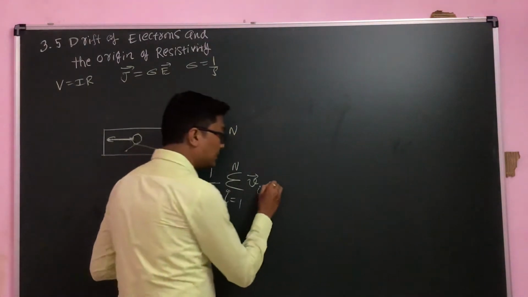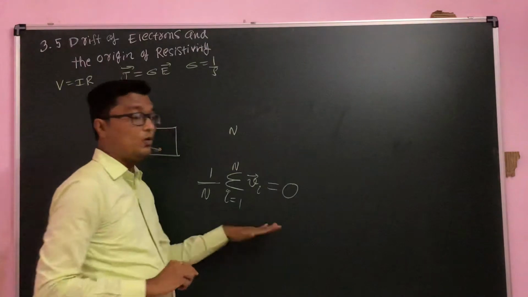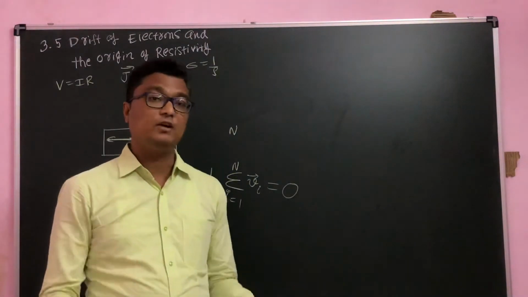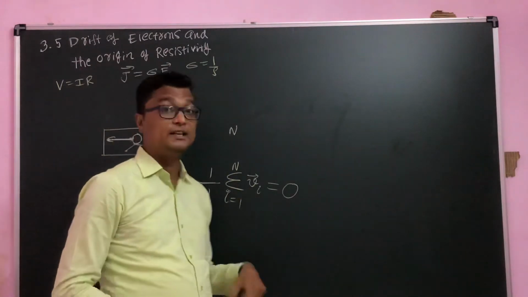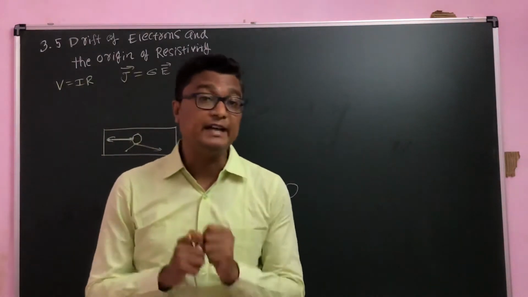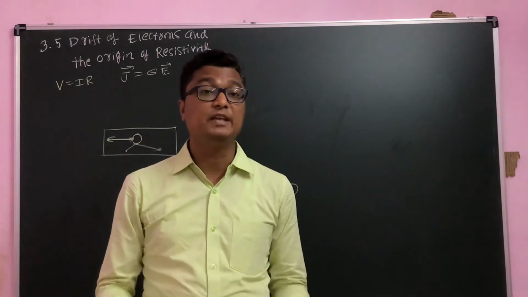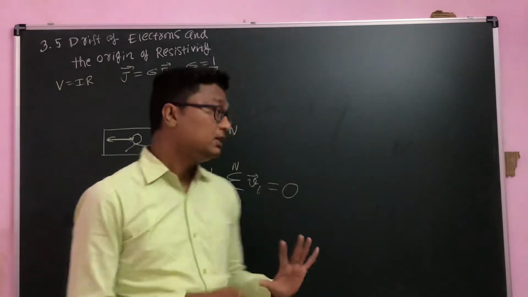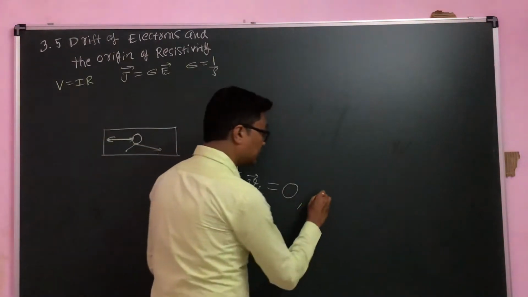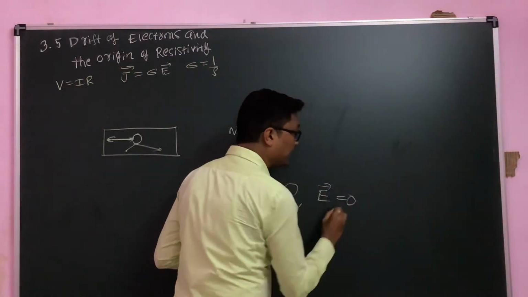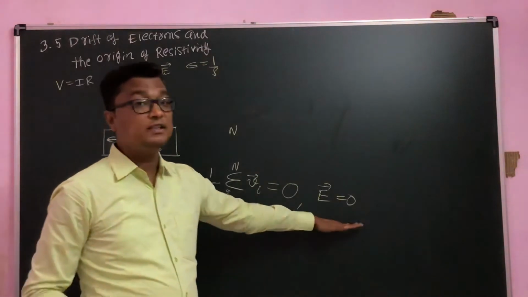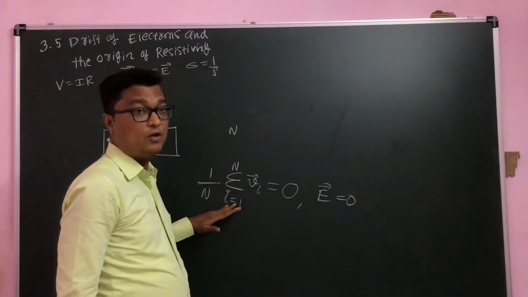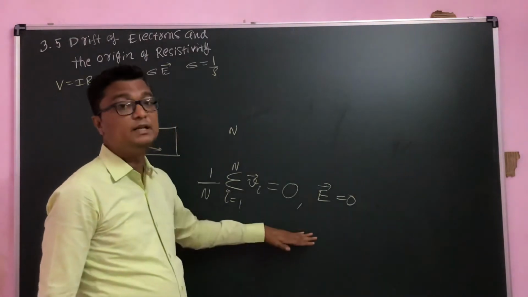So what is the answer to this? The answer is 0. The average velocity of all the electrons, the net velocity, will be 0. What is the reason? Because the directions are random, they are not going in any particular direction, right? So when is this the case? This is when you have not applied an electric field. When there is no electric field, at that time the average velocity of the electrons will be 0, right?